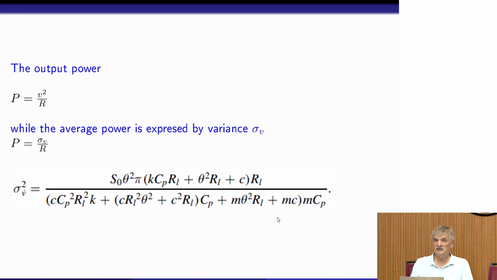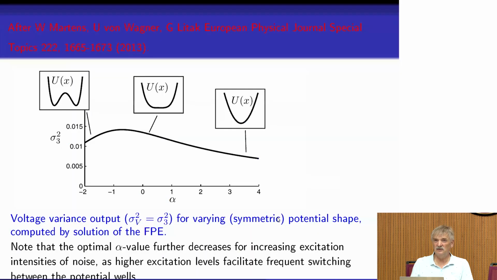So this is a good result, and if you look at this figure, which was published by us in 2013, you can see that the variance, this is actually the variance of a voltage output, which is proportional to power, can be estimated in such a way.